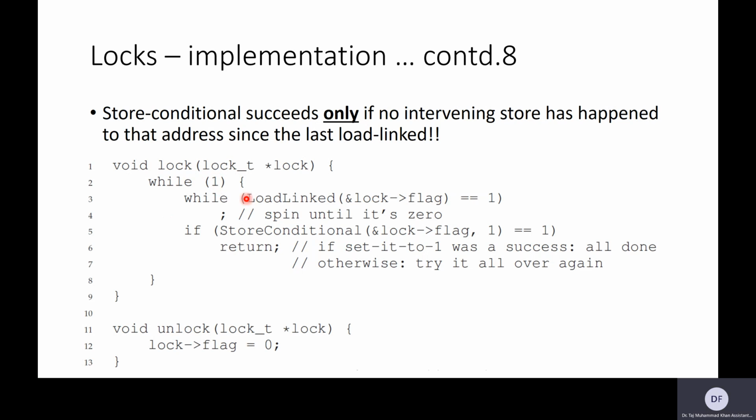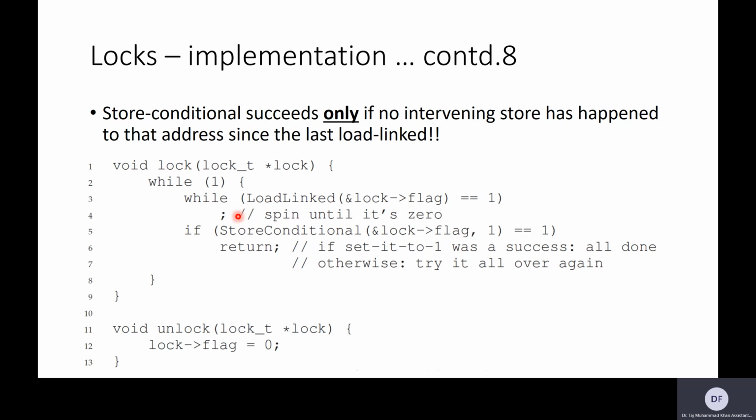It will perform a load linked on the address of flag, which means it will read the value of flag using this load linked instruction and compare it to 1. As long as the flag value is 1, we are spinning, we are waiting, because a flag value of 1 means the lock has been acquired by some other process. We are waiting until that process releases the lock.